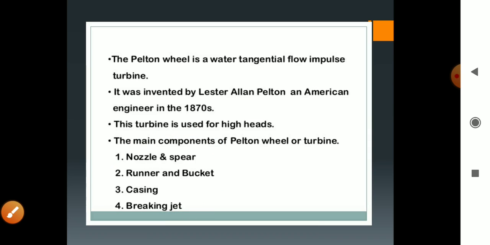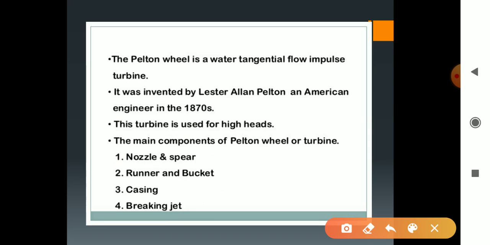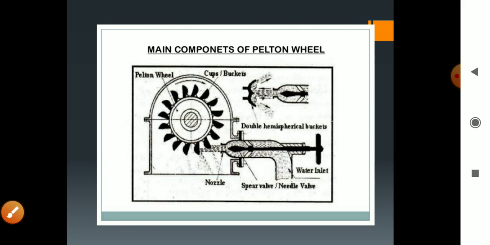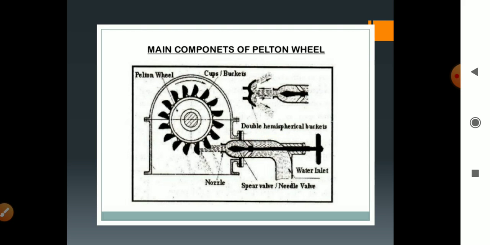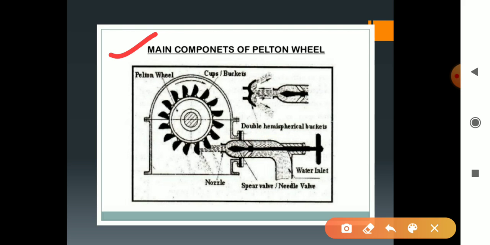These are the main components of the Pelton turbine: first the nozzle and spear, then the runner and buckets, the casing, which takes an important role here, and the braking jet. This figure shows the main components. As we can see, there is a Pelton wheel, and this is the casing above it.